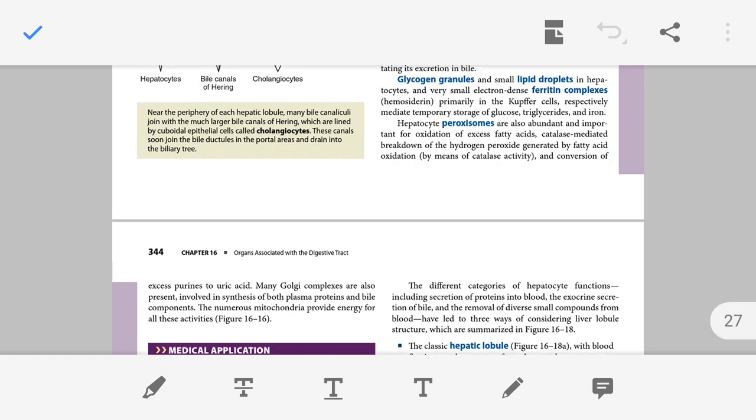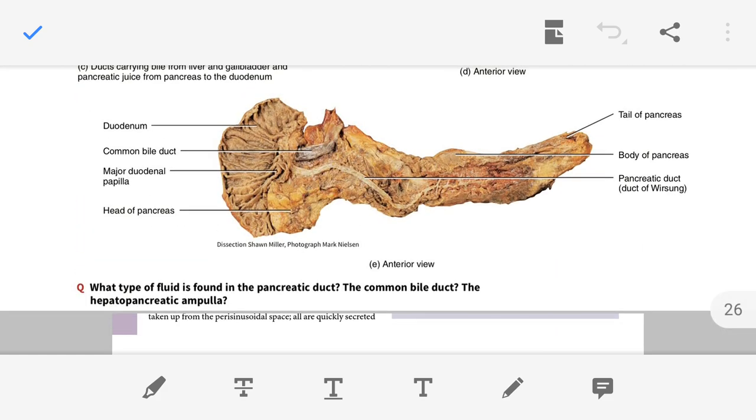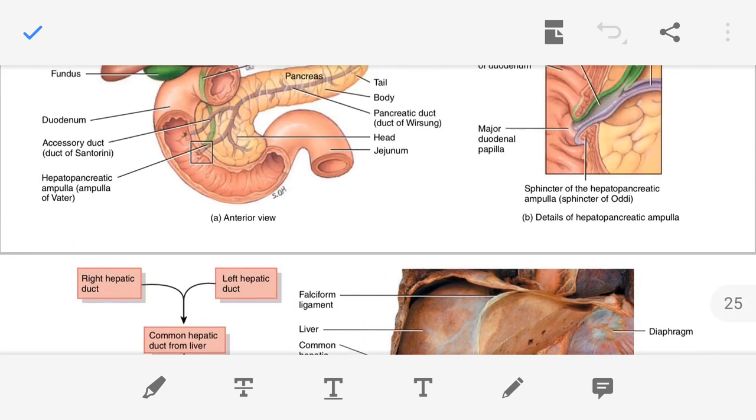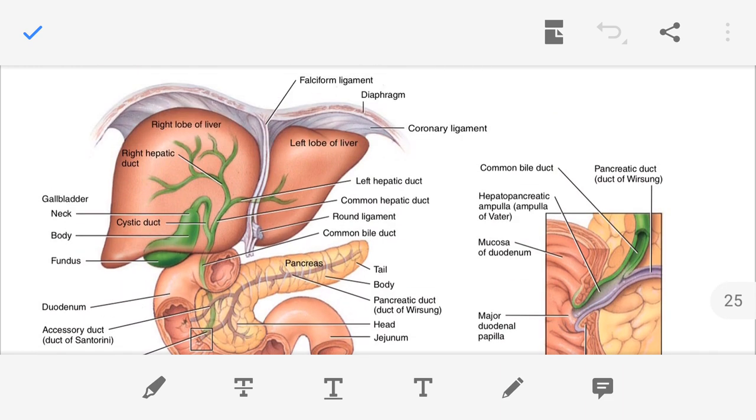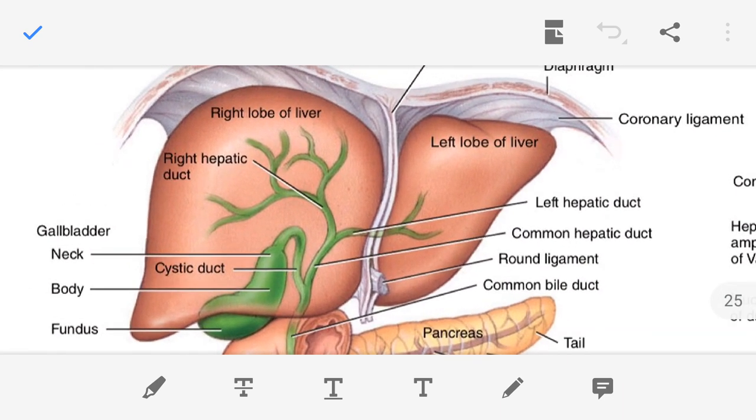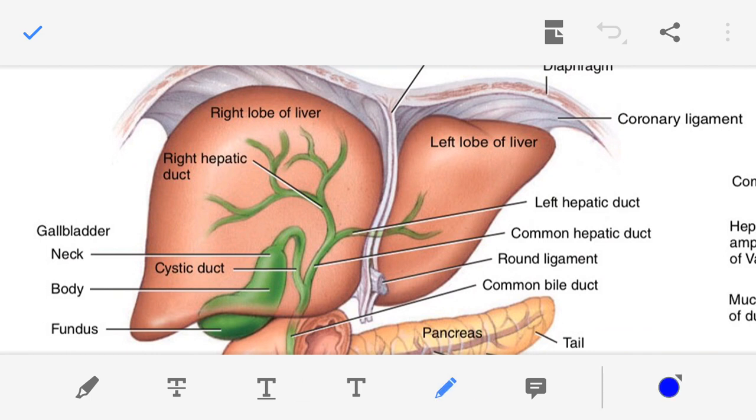At the end I have kept the figure. We have already seen this figure earlier. See, over here, let's say these are the bile ducts, and the bile ducts open into the right hepatic duct.